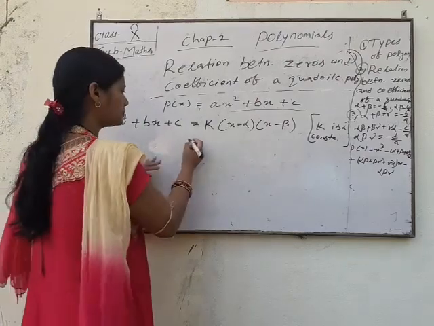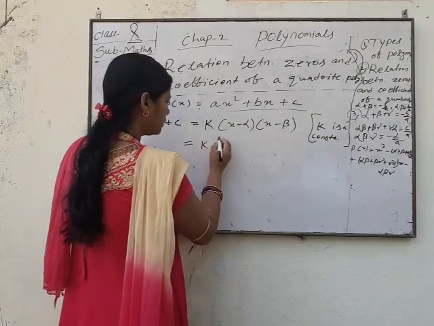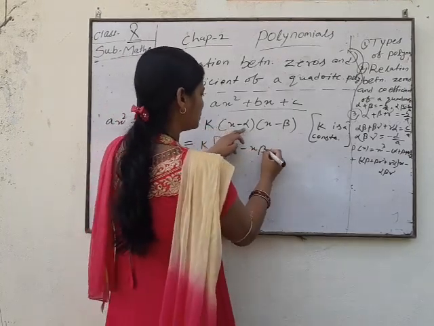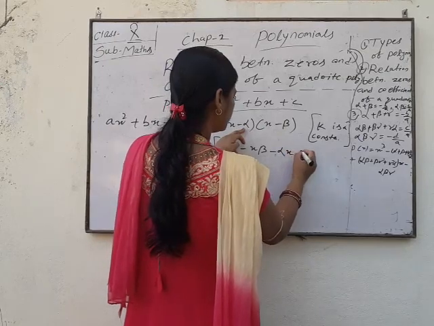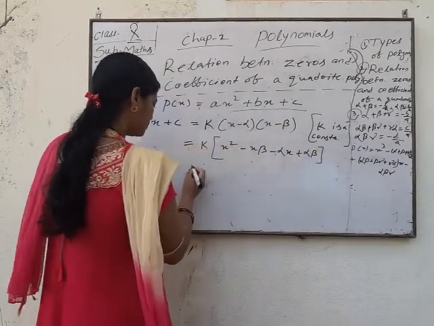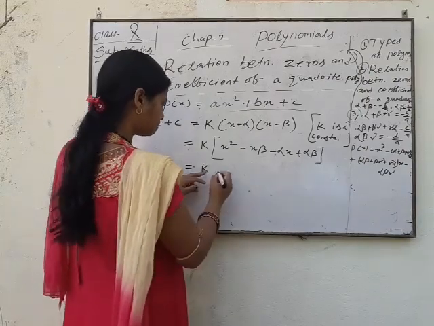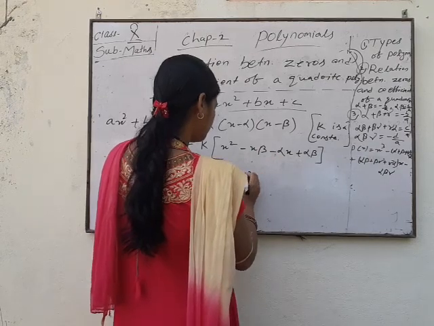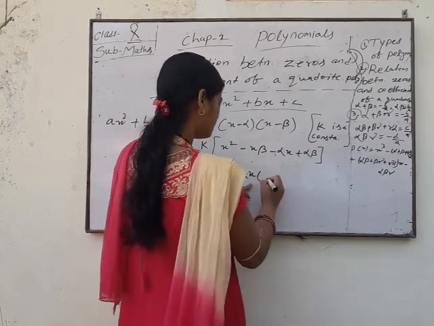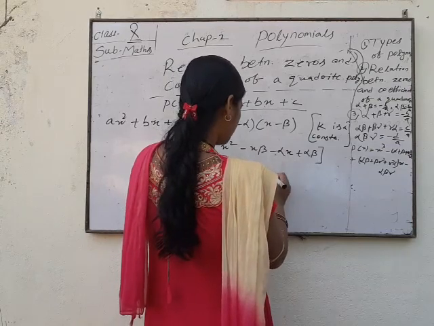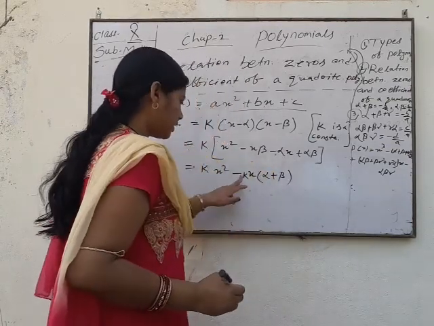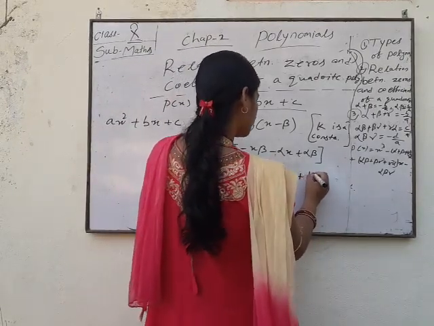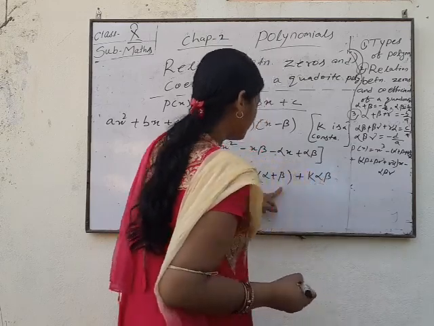Now to multiply it, you multiply x square, x take the common, minus alpha plus beta, take out the common minus, so alpha plus beta, clear?